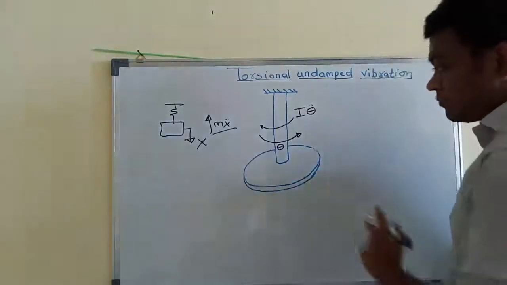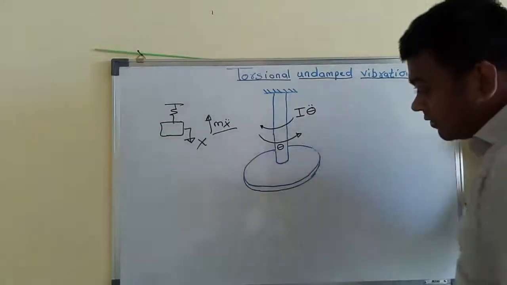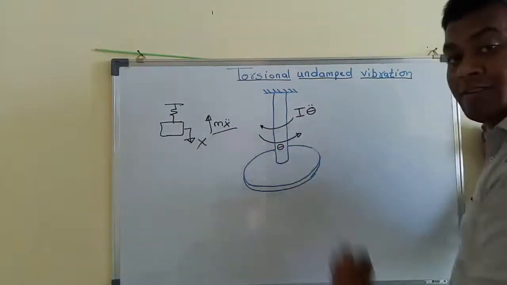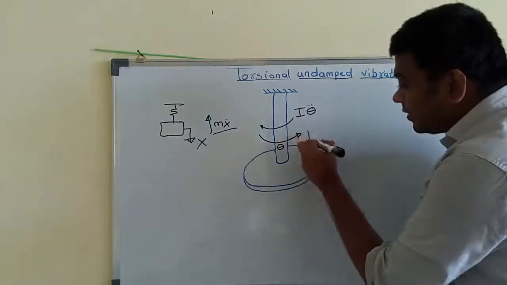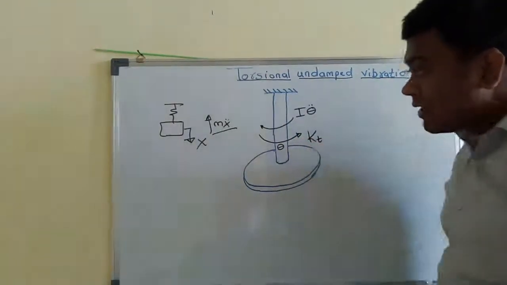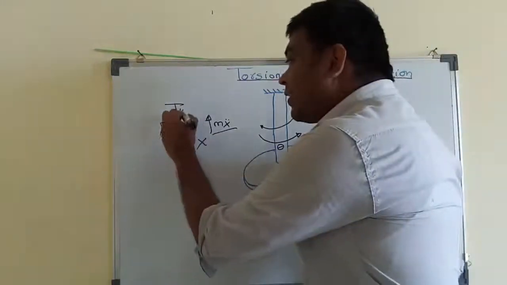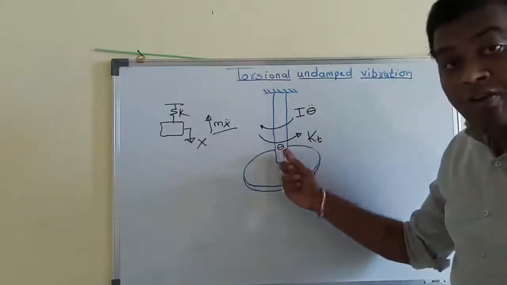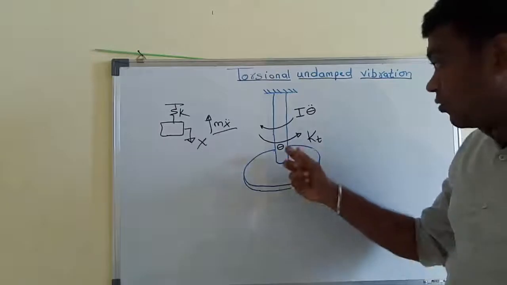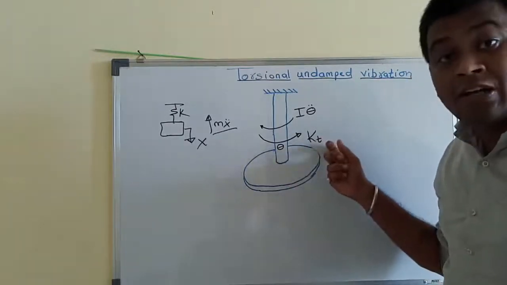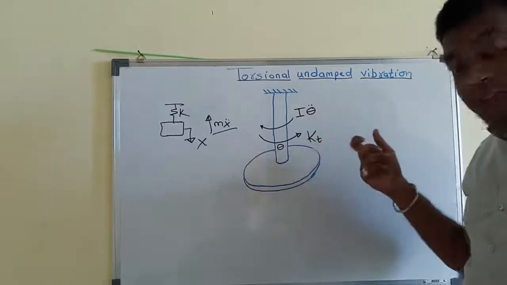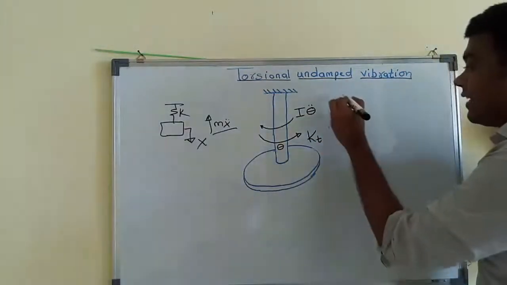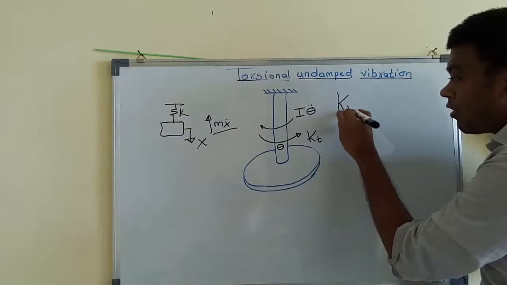Fine. Now this beam will possess a stiffness, which is called KT. Just like here we have a stiffness K, here the beam is getting twisted, so it has a torsional stiffness which is denoted by KT.